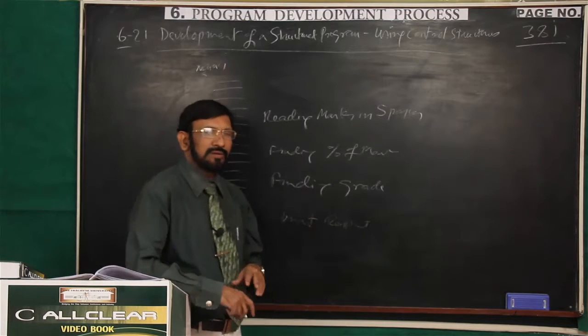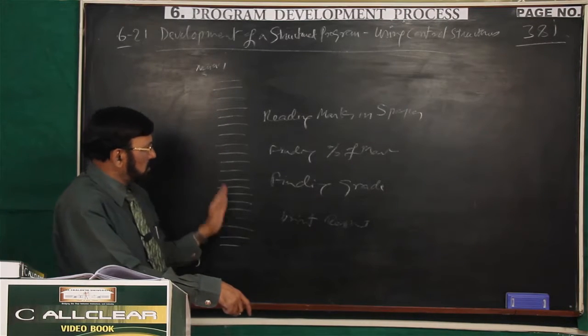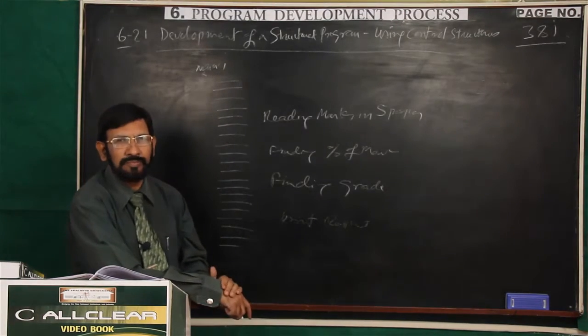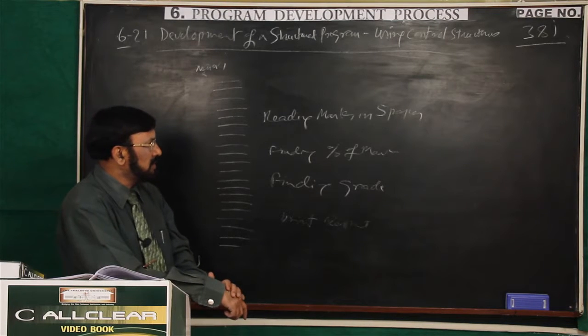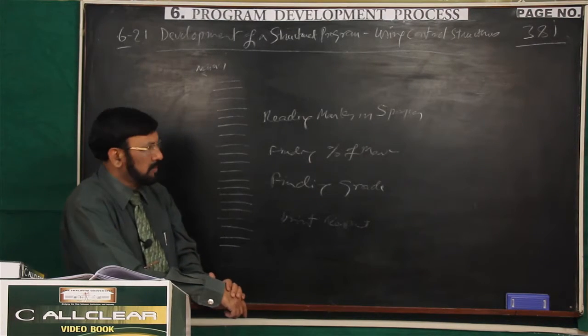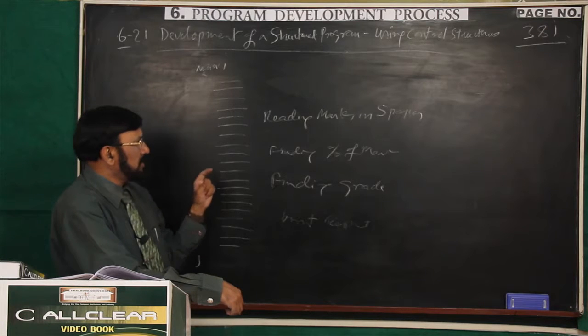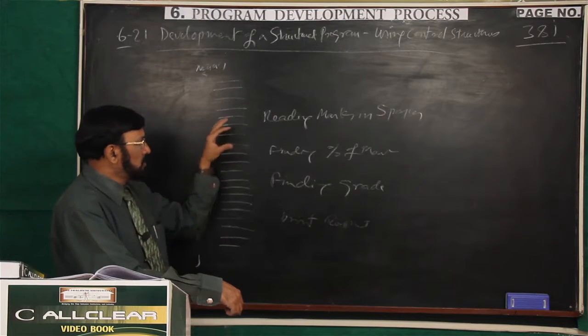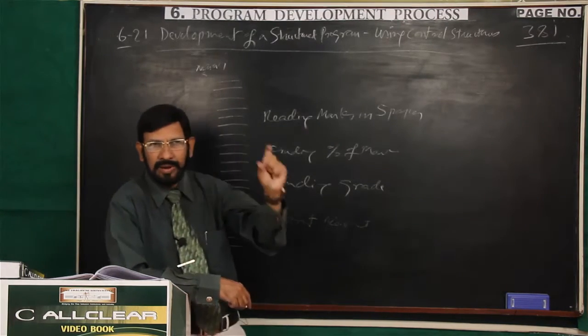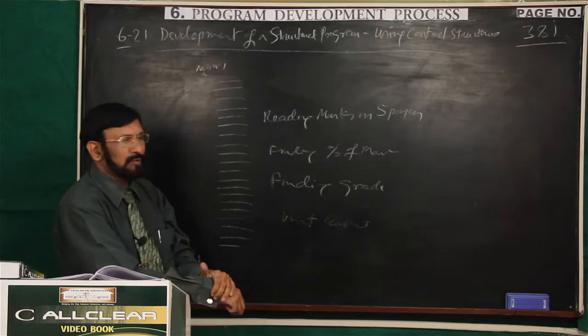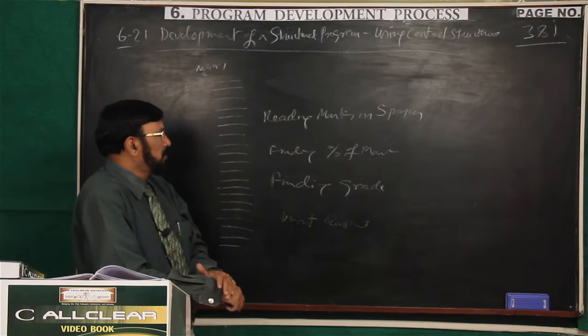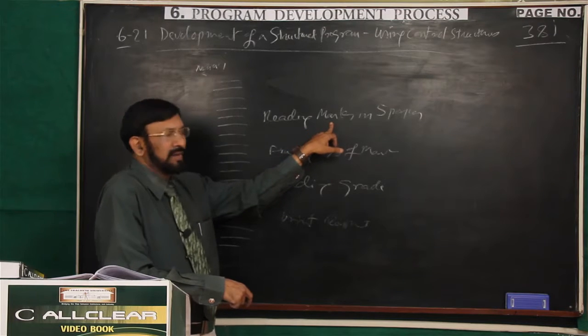If you take the sequential approach, it is possible, but it is inefficient. So in order to make it efficient, we have to plug and play the appropriate control structures. What are the appropriate control structures? Here, reading marks.